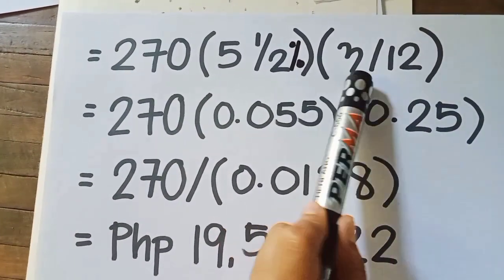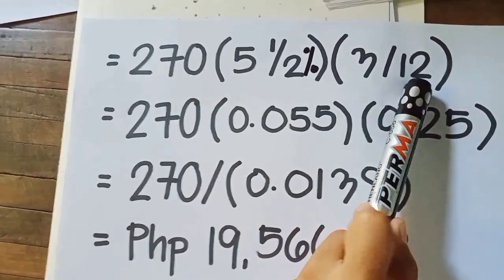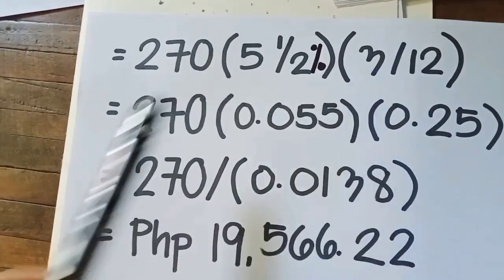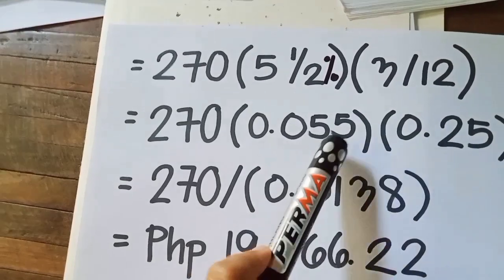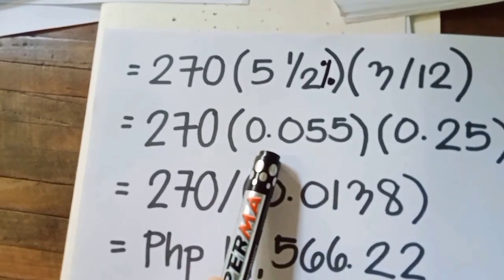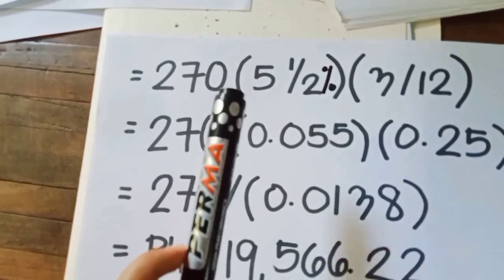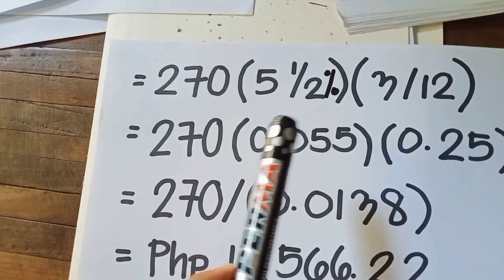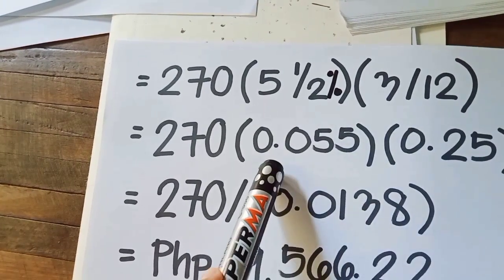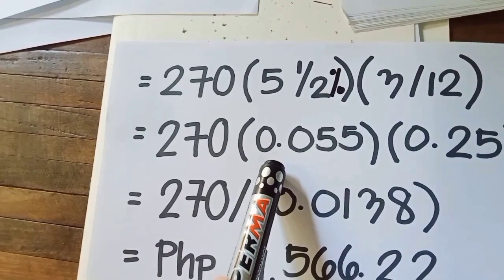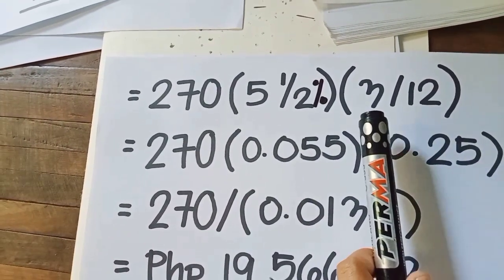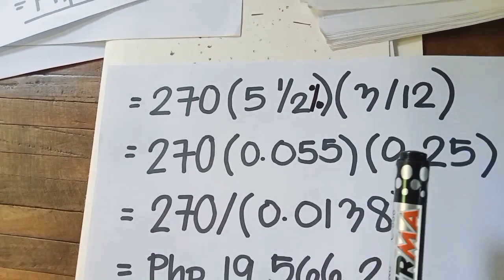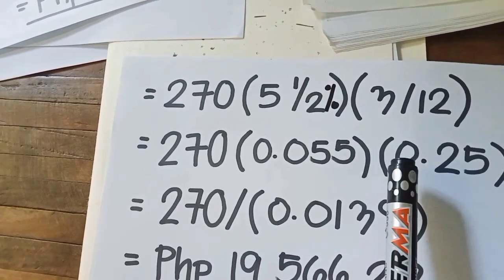So we will divide it by 12 months, 3 over 12. So 270, the 5 1/2% transferred to decimal is 0.055. And then 3 divided by 12 is 0.25.